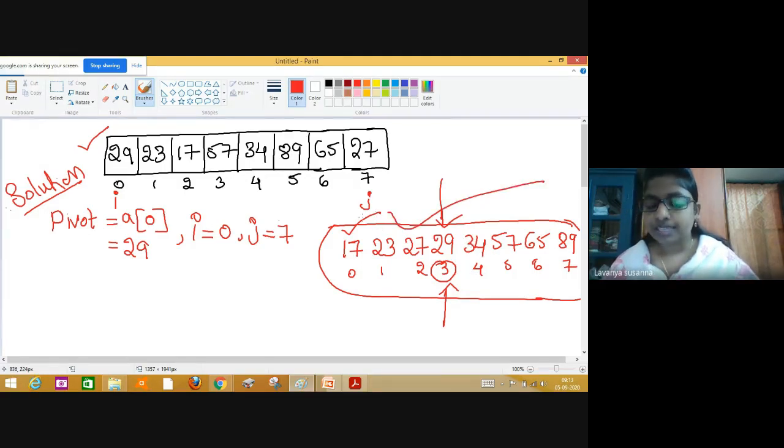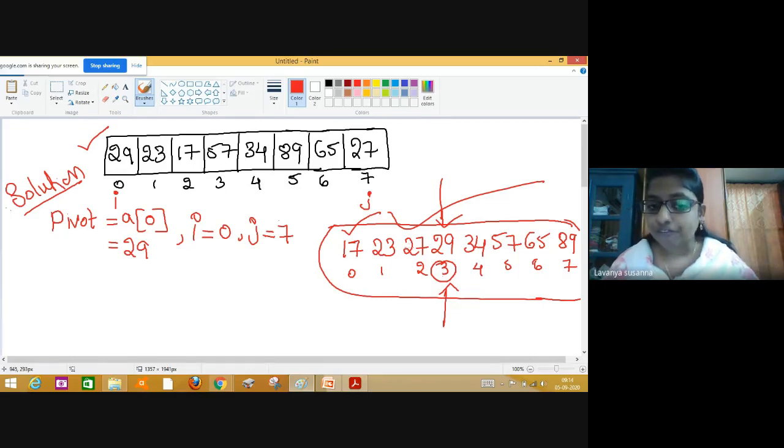See, after solving using quicksort, the list will be divided into 2. Remember that after you have solved this problem using quicksort, the list will be divided into 2. When the list is divided into 2, check whether the pivot came to its position. What is its position after sorting? Roughly you have sorted it, right? See what is the position? 3.